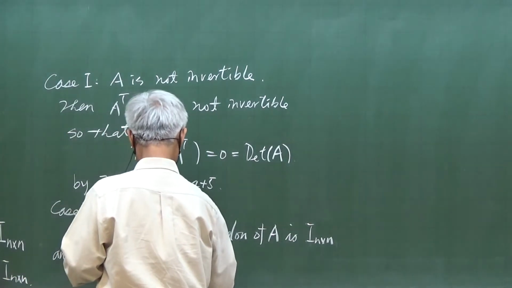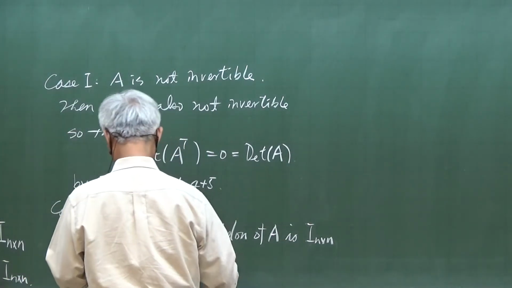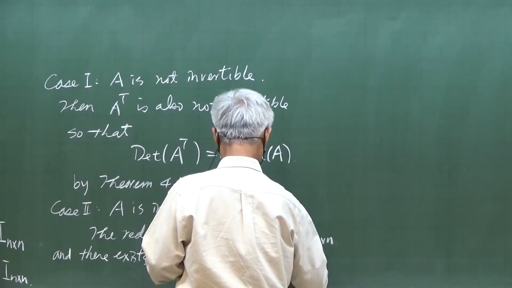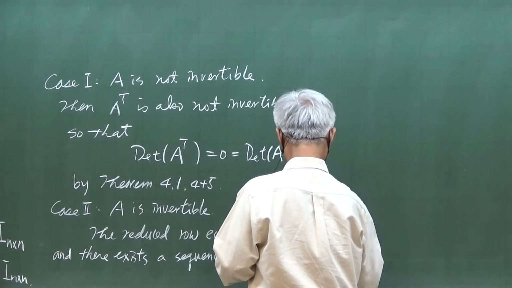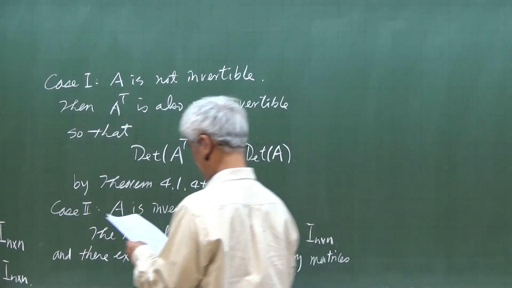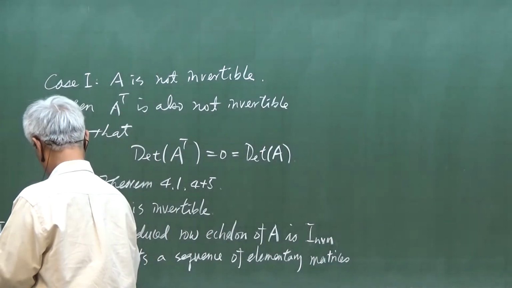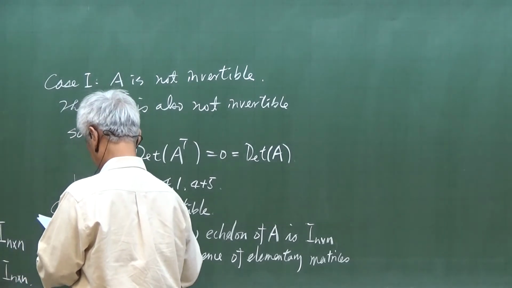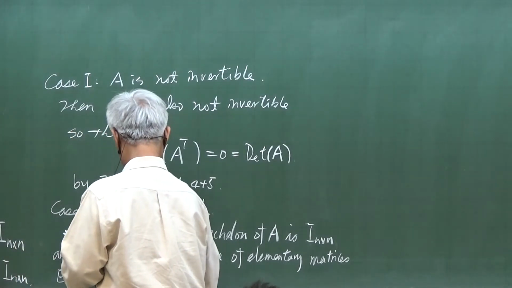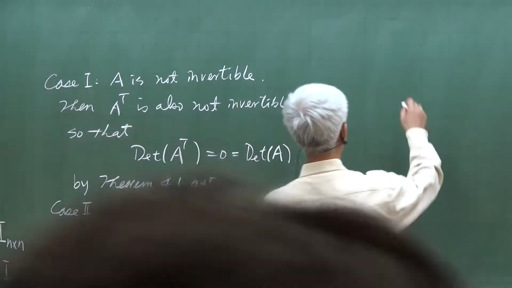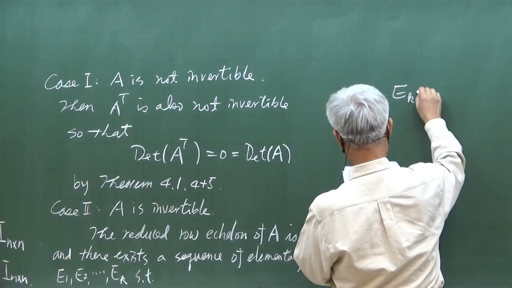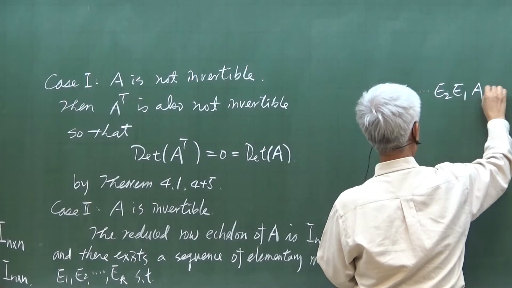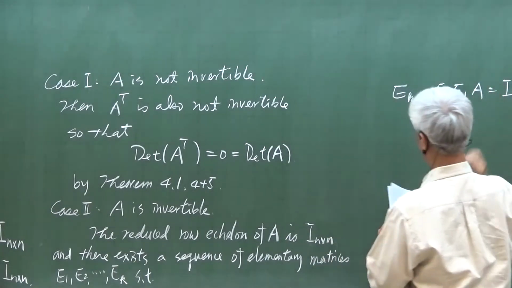Alright, so there exists a sequence of elementary matrices, E1, E2, etc., up to Ek, such that Ek ... E2 E1 A equals the identity.